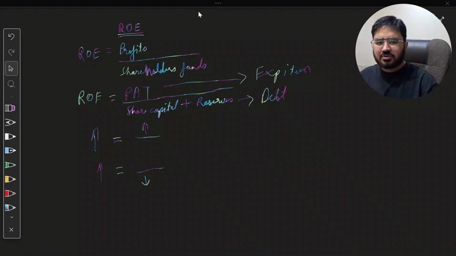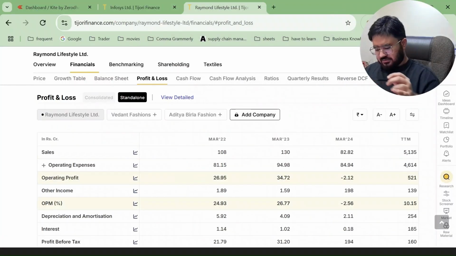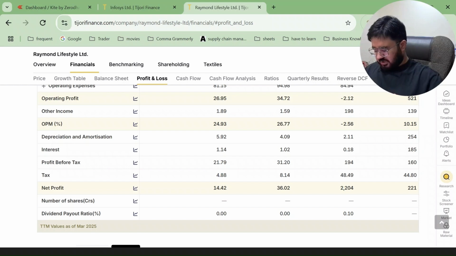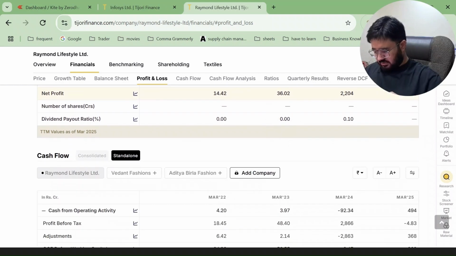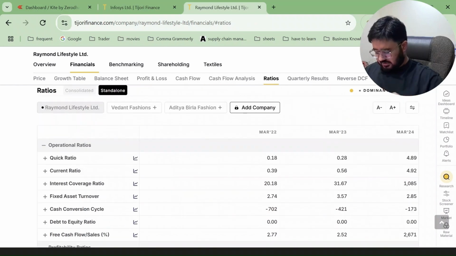So let me just show you an accounting entry example. Let's go to Raymond Lifestyle. It just recently got demerged from the Raymond Group. Let me show you its return on equity.